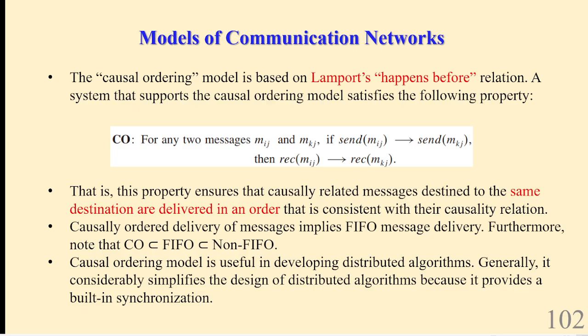If the send of mij happens first and after that the send of mkj happens, then when the second process receives, the first one to be received will be mij, and only then will mkj be received, so that ordering is preserved. They will be delivered to the destination in that same order.